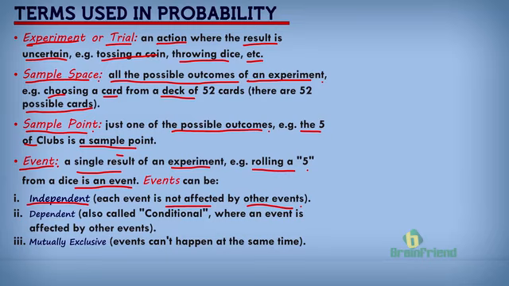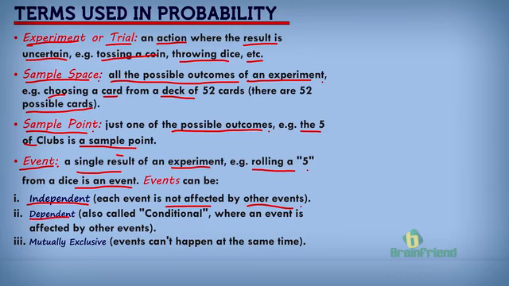You put it back to pick another card. The first event was picking the first card. The next event is picking another card. They are independent because when you pick the second card, it was still 52, still complete, because the initial card was replaced. When you have such an instance, you have an independent event because the first event did not affect the second event.